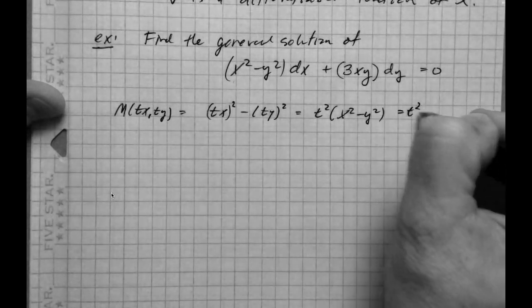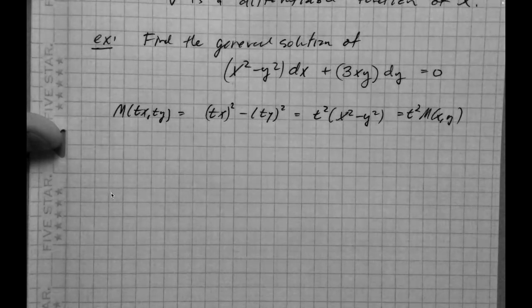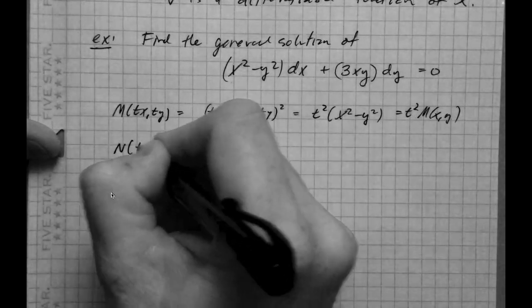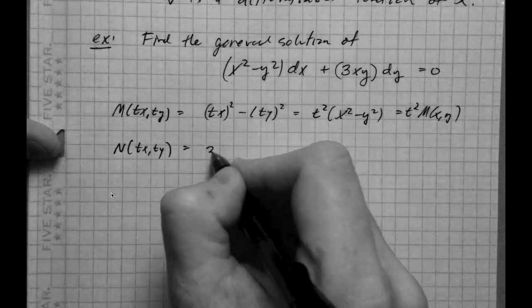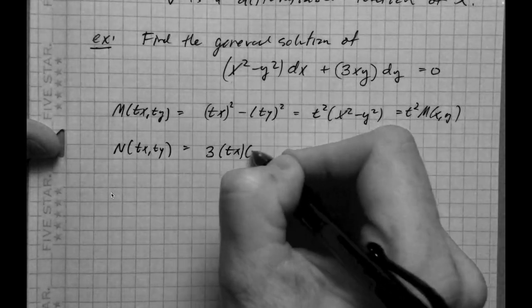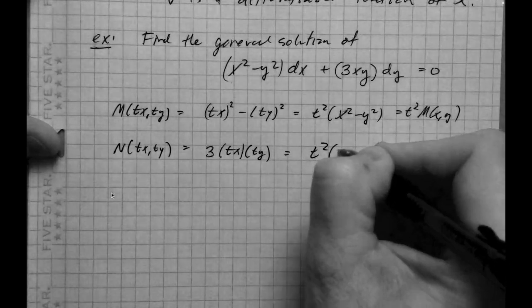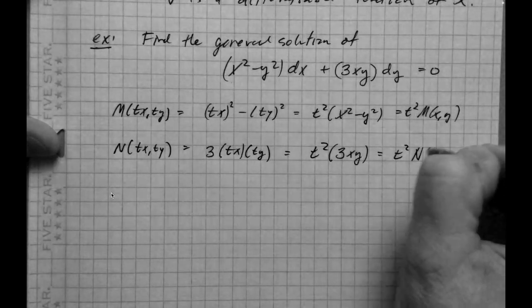And so that's t squared m of xy. Okay, so just plug those in, do the factoring, and let's check the other one. And so that one is going to be 3 times tx times ty. And so that's t squared times 3xy. And so that again is t squared times n of xy.